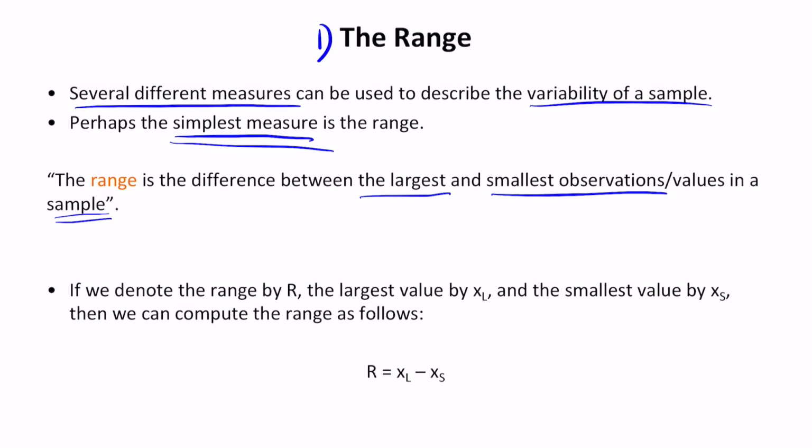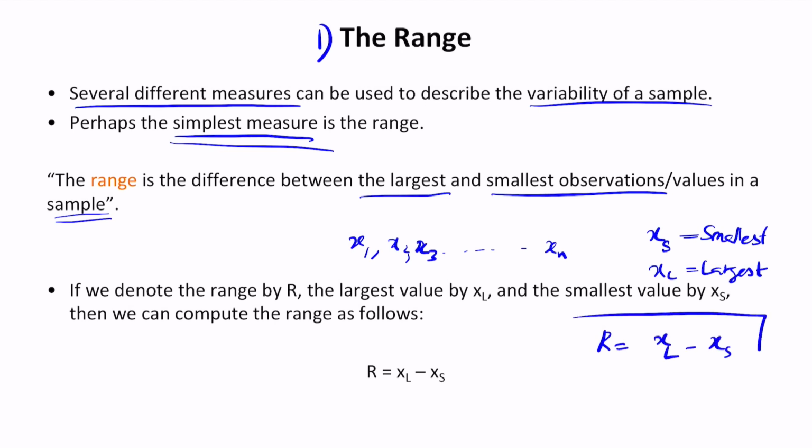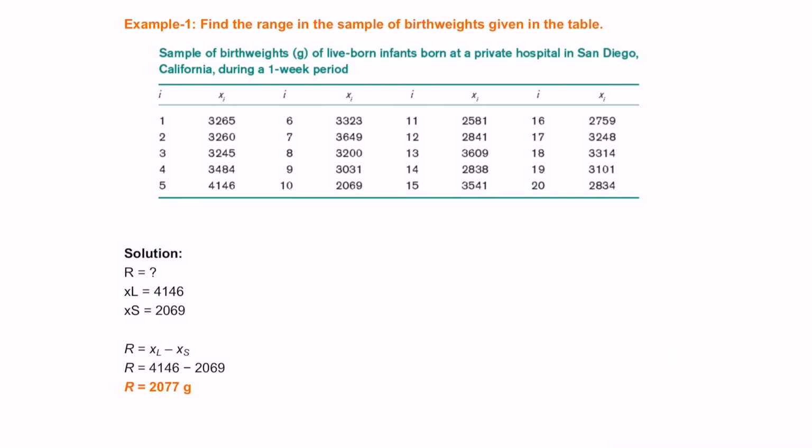If you have x1, x2, x3 and so on up to xn, and among them you find a value xs, which is the smallest value, and xl, which is the largest value, the range is the difference between those two. If we denote range by r, then r equals xl minus xs.